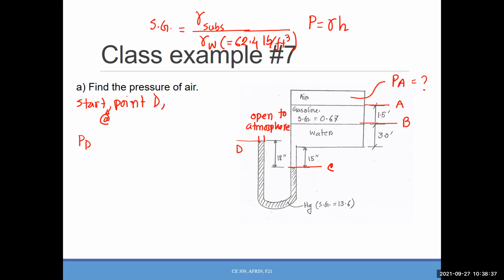B. So B is above point C or below point C? So you will add or subtract. Now from B, what is the next interface? A. Is it above B or below B? So do it that way.